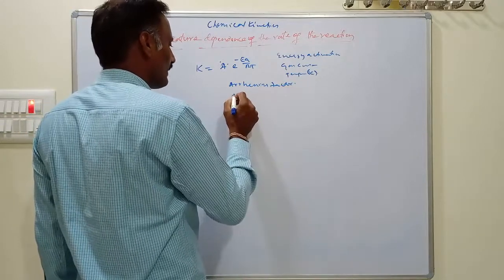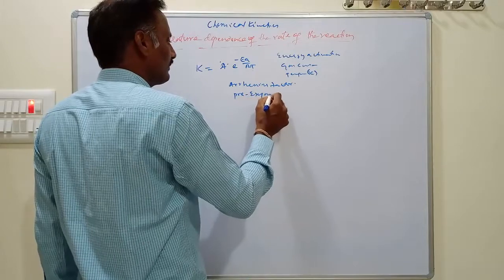The Arrhenius factor is also called the pre-exponential factor.